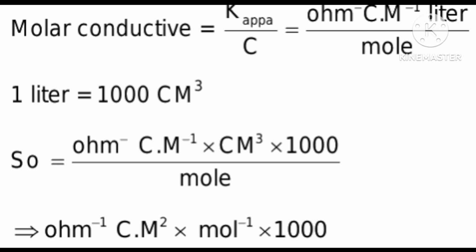Now I am telling you about a strong electrolyte. A strong electrolyte means that after adding it to the solvent, it will dissolve maximum, up to 99%. Then dissociation will be maximum.